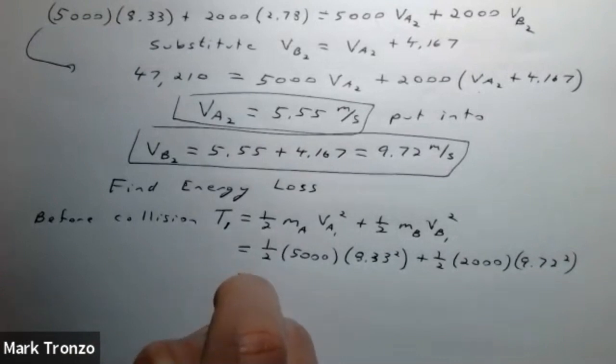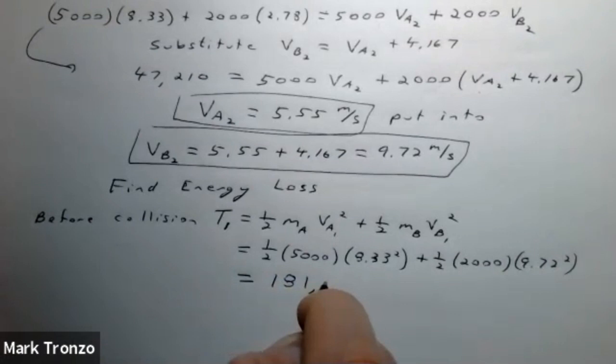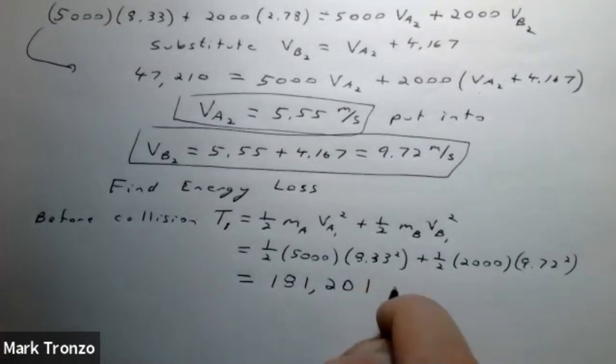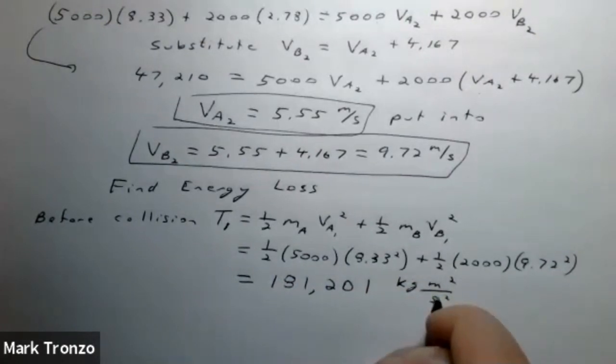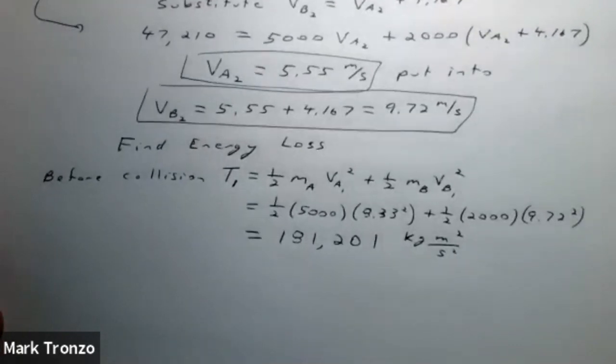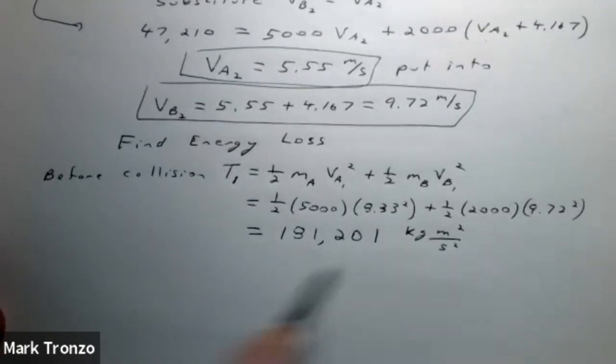And so before impact, we had around 181,201 more or less. And that's going to end up being kilograms meters squared per second squared. I think that's probably joules. I don't use joules too much, but I think that ends up being joules.